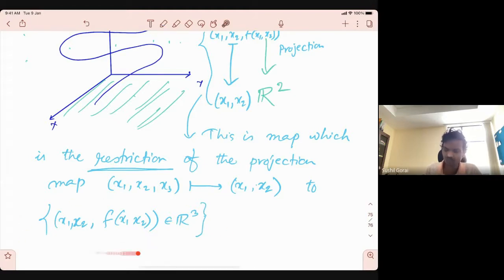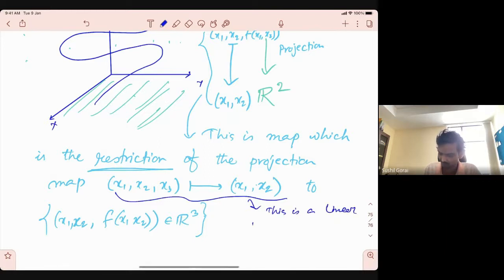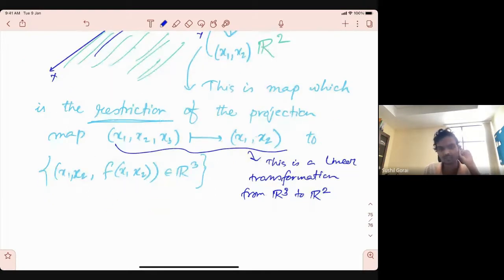This in general will not be a subspace, but this is a linear transformation from R3 to R2, right? So we are just restricting this linear transformation on this set.